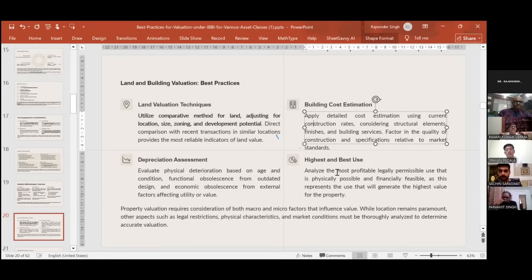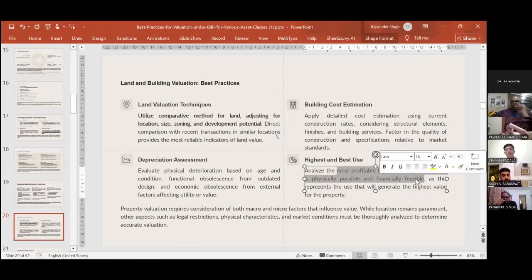Whenever you are doing valuation based upon highest and best use, these are the things that are important: first, most profitable use; then legally permissible use that is physically possible and financially feasible.